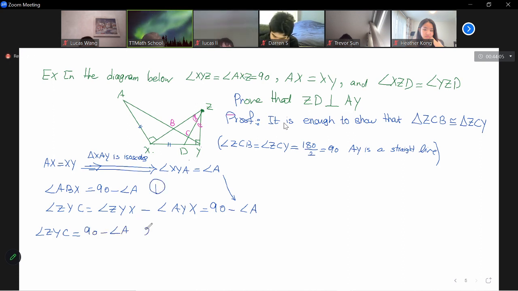So this is 1, this is 2. Look at it. The angle ABX is 90 minus the angle A, right? The angle ZYC is also 90 minus the angle A.